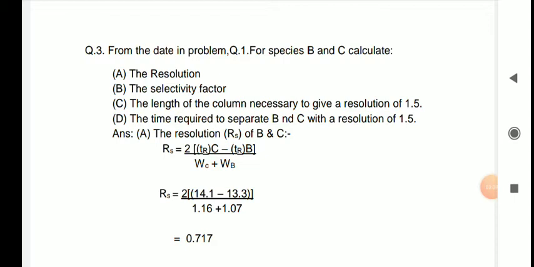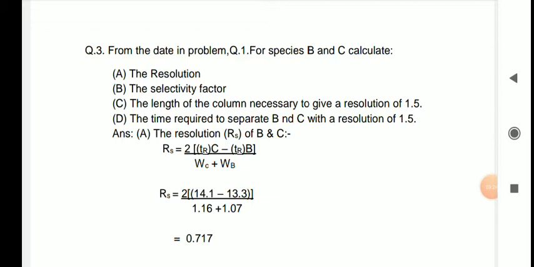So the first part is to calculate the resolution. I have given you the formula for resolution as 2 TRC minus 2 TRB, if you are considering C and B as the two solutes, divided by WC plus WB, right?